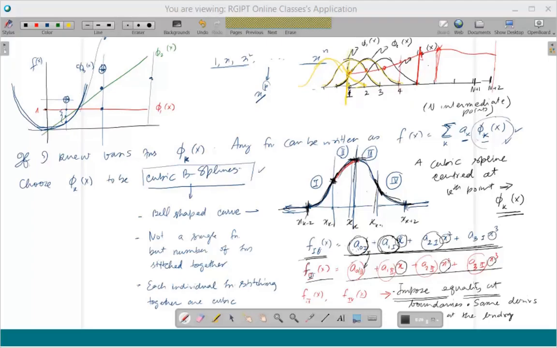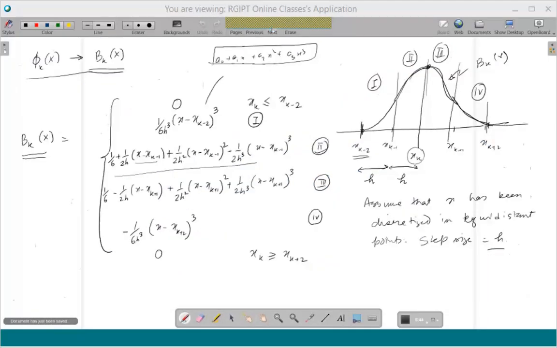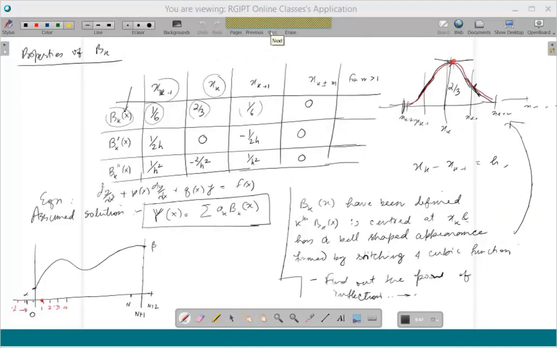Other b_k's will all be 0 at the particular point 1. So basically at any k, b_{k+1}, b_k and b_{k-1} will contribute, right? That is the very important fact which makes life easier. And what makes life easier, you'll see very soon. But let me write it down.